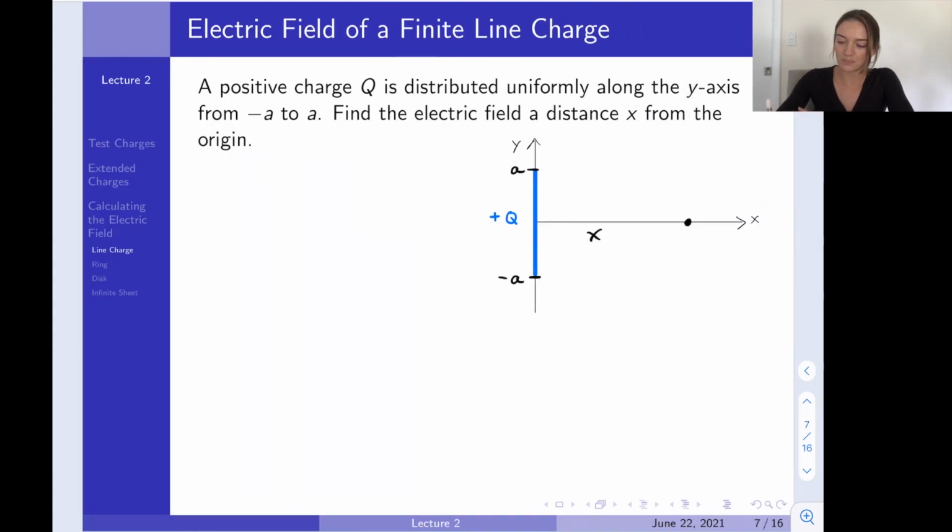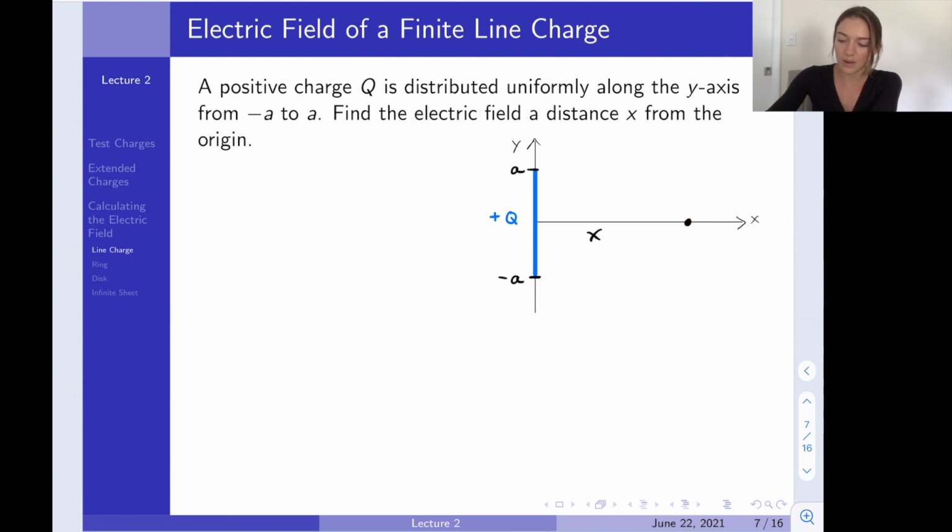We'll do an example. Let's start with our 1D example, a line charge. Here we have a line charge where a total positive charge Q is distributed uniformly along the y-axis from negative A to positive A. We want to find the electric field a distance x from the origin.